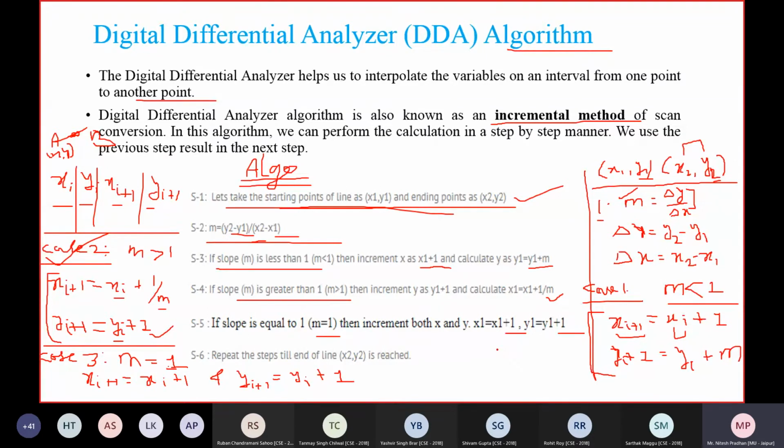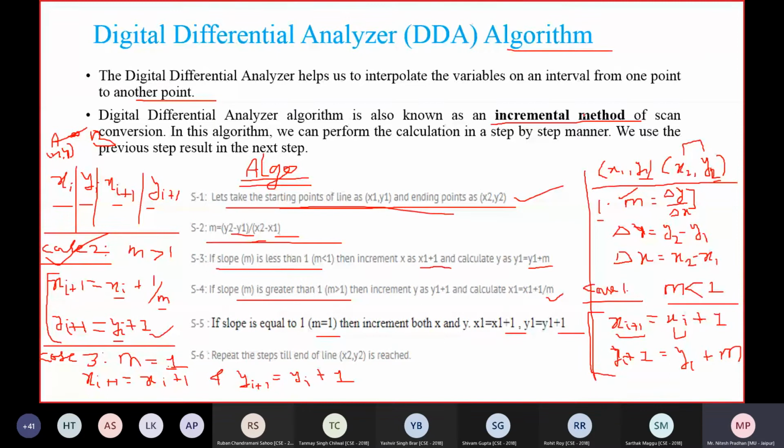So I hope, guys, this algorithm is clear. It is actually a very simple algorithm. That's why its other name is the incremental method, because every time you increase your x-axis by 1 or y-axis by 1. So this algorithm is clear? Everyone, please respond.